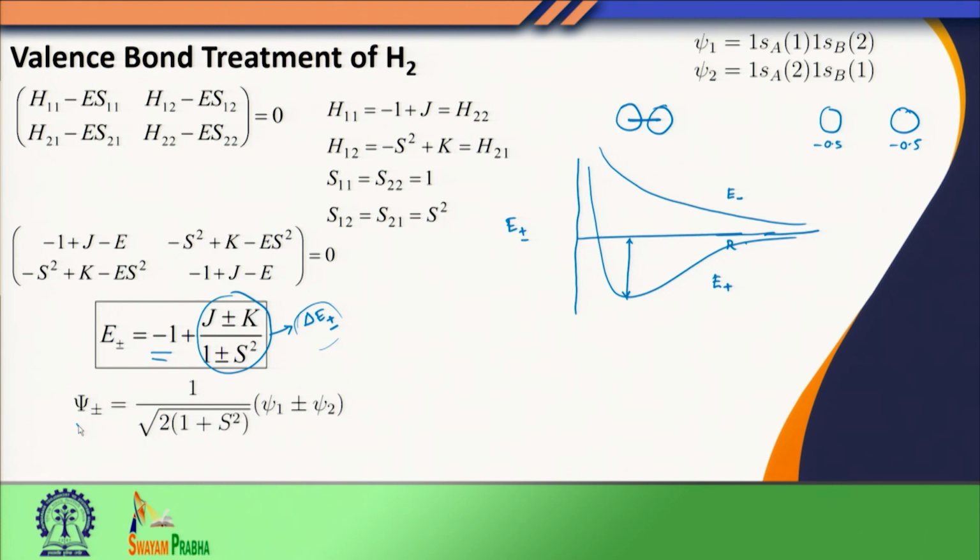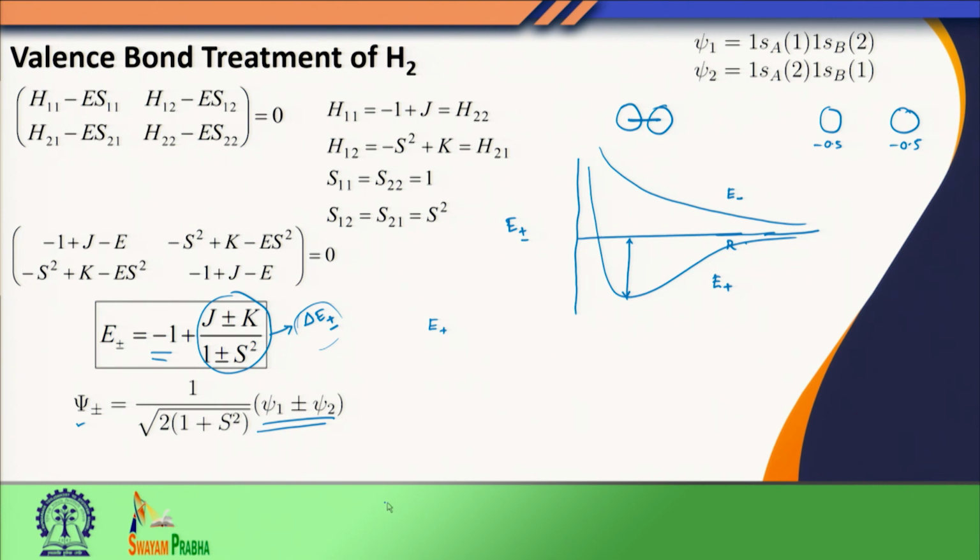Now, once we have the eigenvalues E plus and E minus, we can plug this E plus into this expression and obtain the eigenvectors, which give me C1 and C2. I am not doing this in this class; it is easy for you to do. I would see that the two wave functions psi plus and psi minus are given as this.